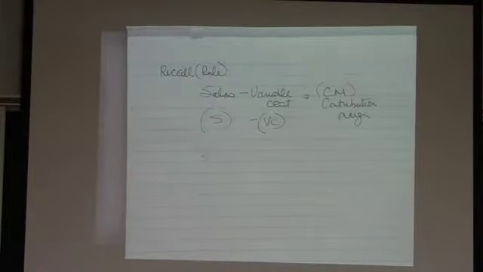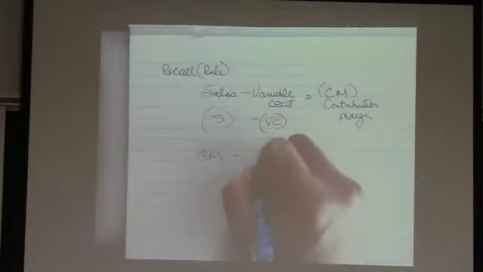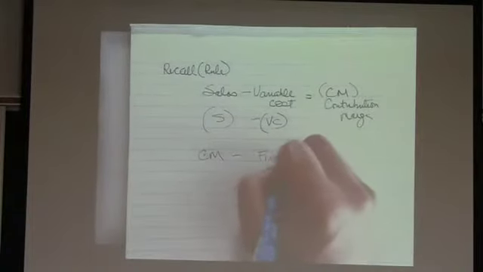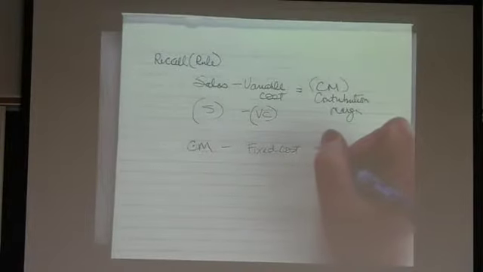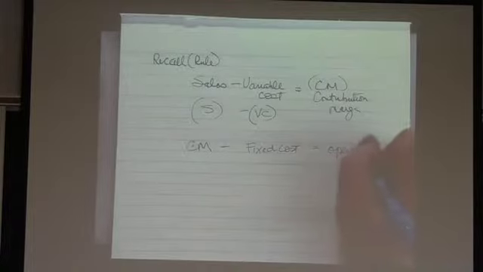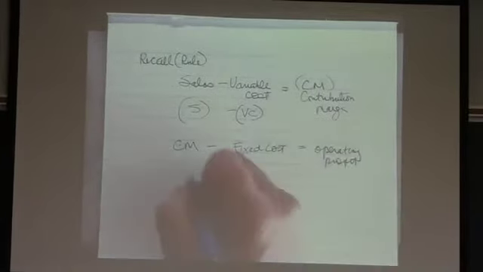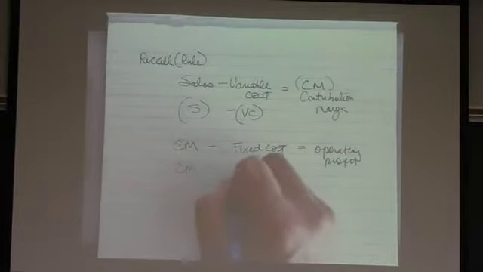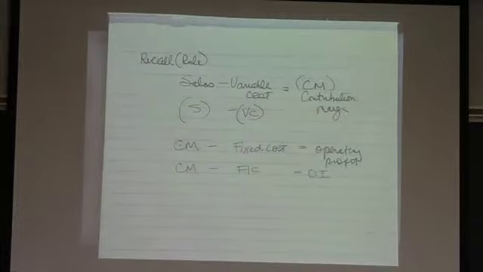Now, contribution margin minus fixed cost gives you operating profit. So CM minus FC gives you operating income or operating profit.